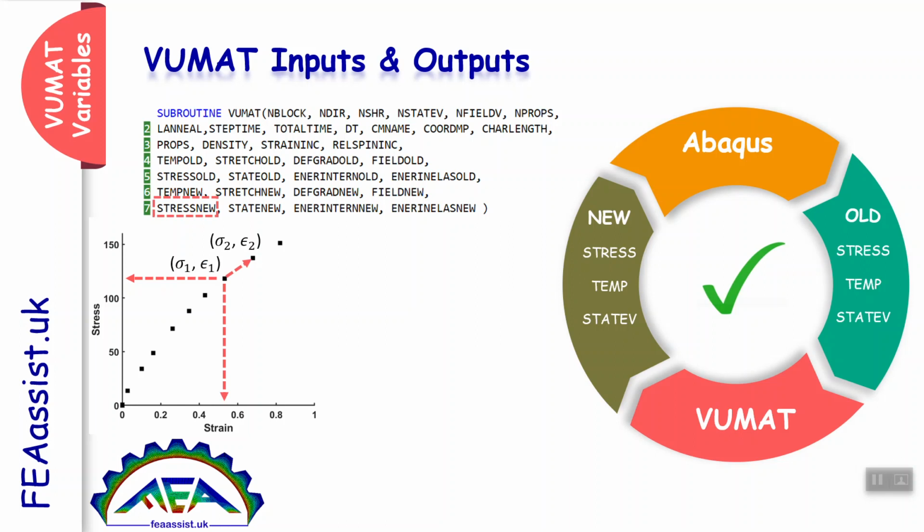In a dynamic way, the strategy is that the new value is the old value plus the derivative function, which is a function of the slope of the diagram and the incremental amount of the strain, as you can see here. For example, in elasticity and elastic problems, the slope is the elastic modulus or elasticity stiffness matrix. Well understanding all these variables is necessary to write a good VUMAT.